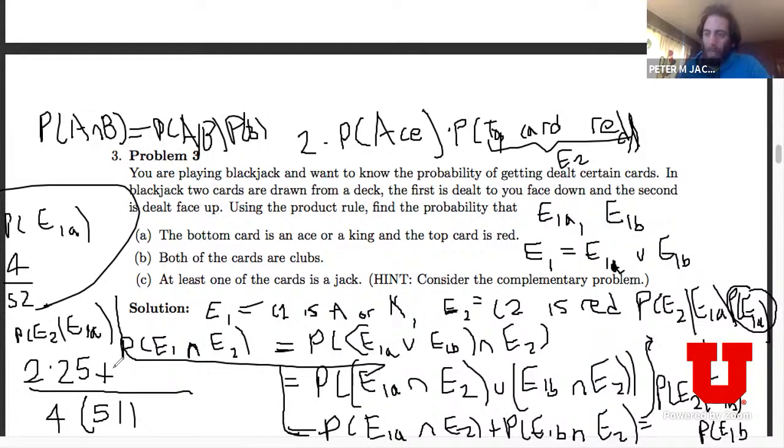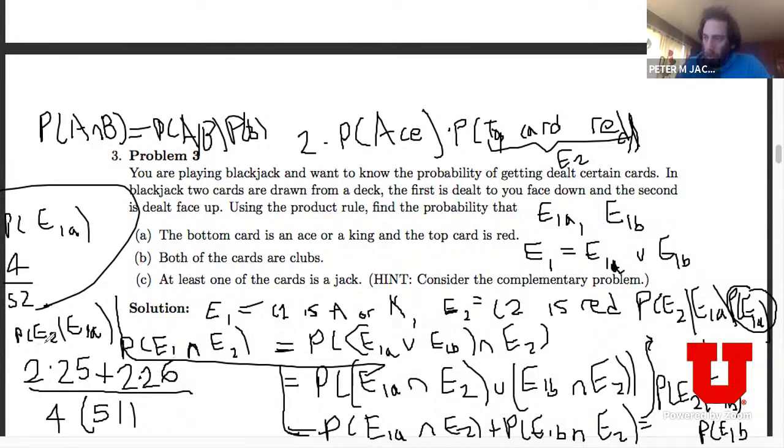The other way is if the ace that we had chosen was black. There are 2 ways it can be black. And if we had chosen a black ace, there are still 26 red cards remaining in the deck. So there are 2 times 26 ways where we could have chosen a black ace and then a red card.